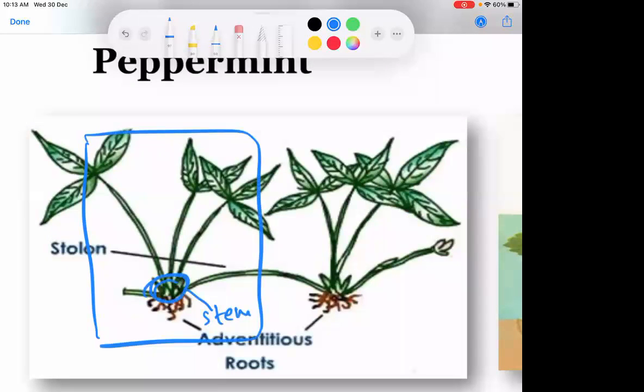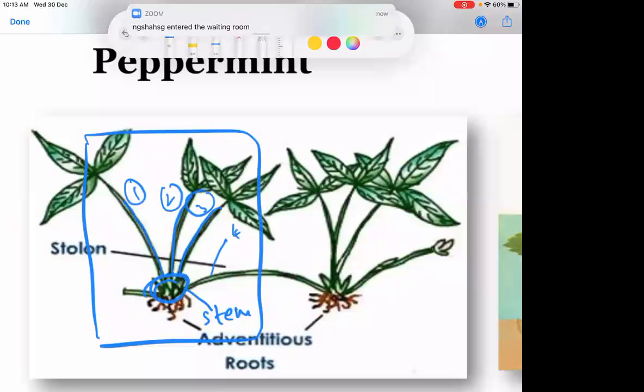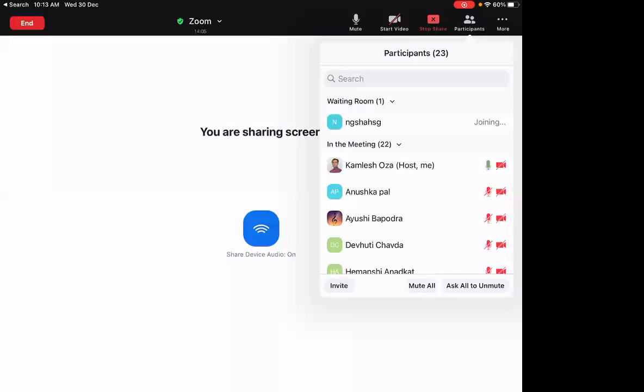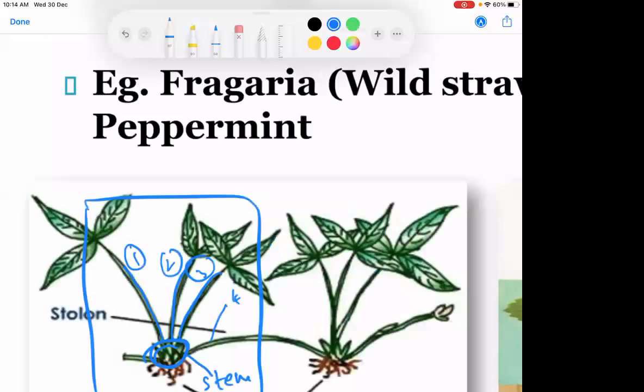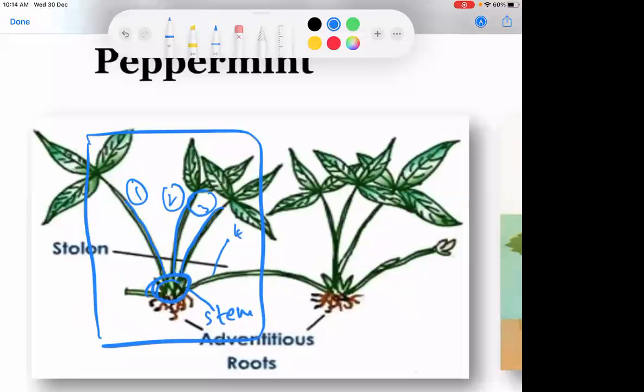It develops a few branches. This is 1, this is 2, this is 3, this is 4. So they have 4 branches, as we can see, right?